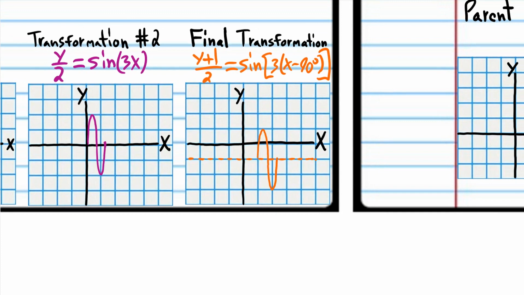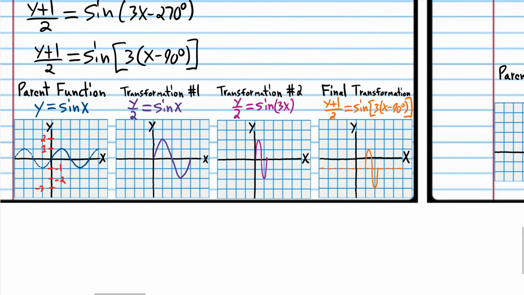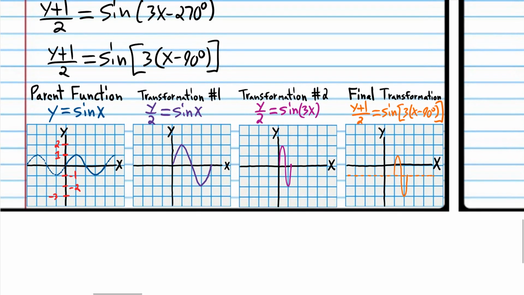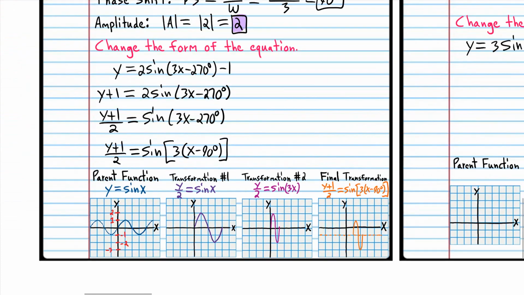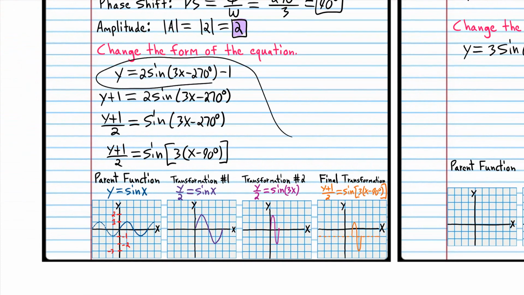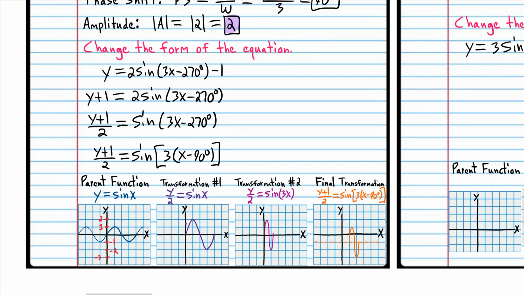Is that kind of tedious to have to graph that? Yes. But you're going to do it anyway, because sometimes in math you just have to draw a tedious graph. So we use the transformation method to graph this complicated equation. We use steps. First we stretched vertically, then we compressed horizontally, and then we translated.